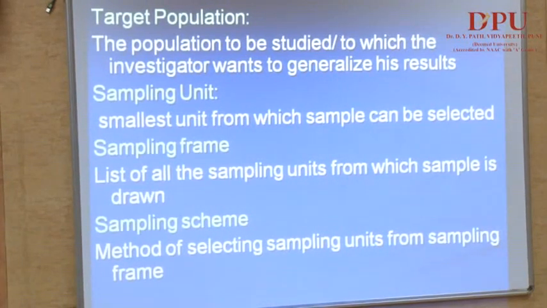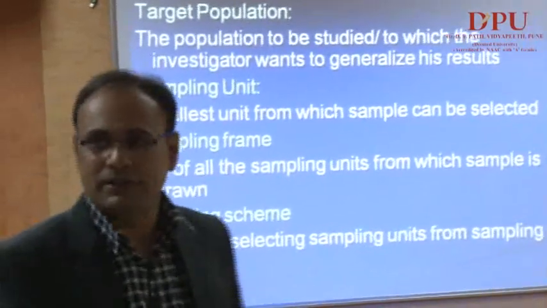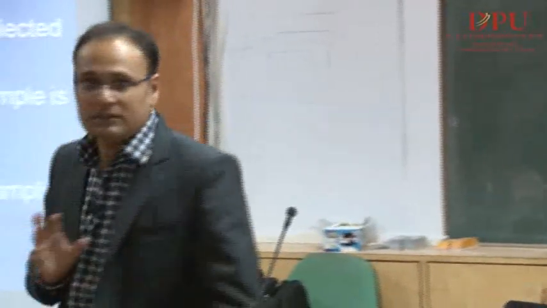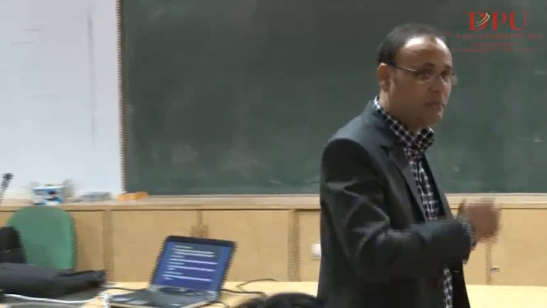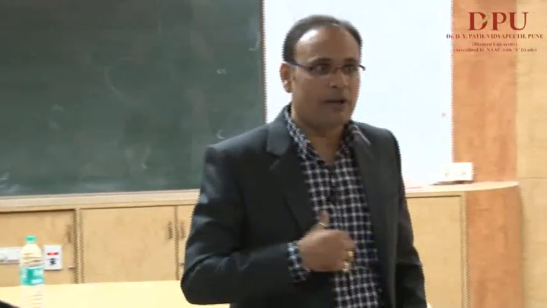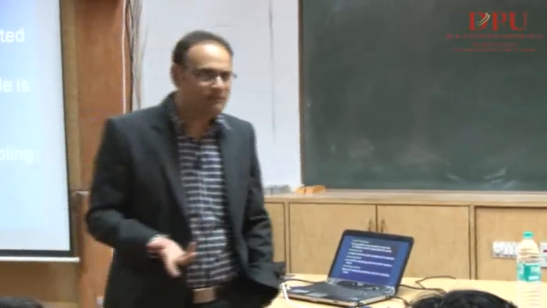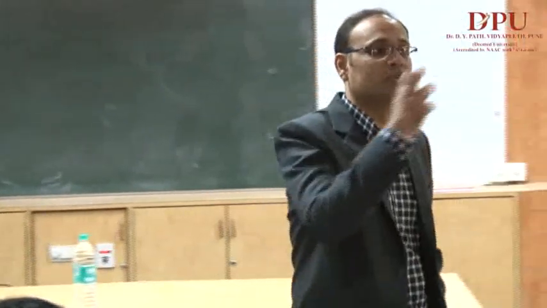The second one is sampling unit. It is the smallest unit of this population from which you are going to collect your data. For example, we had a discussion about women working in IT companies. Where do you go first? Maybe near your house, and we try to get the data from the smallest one.